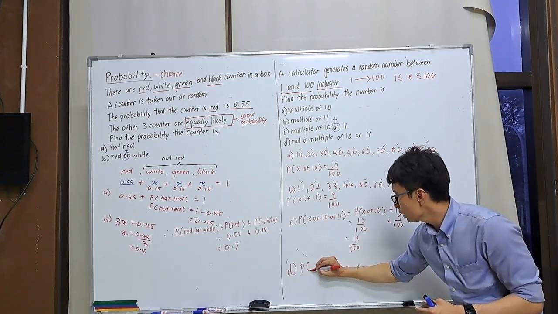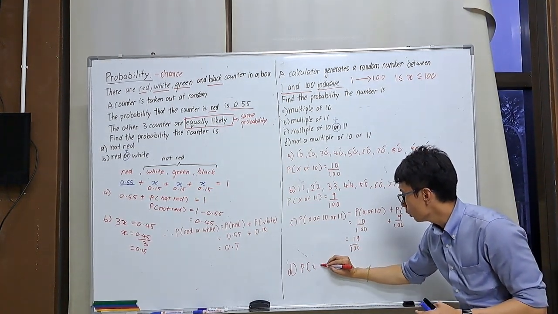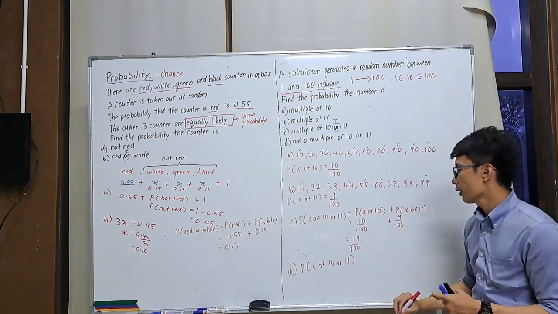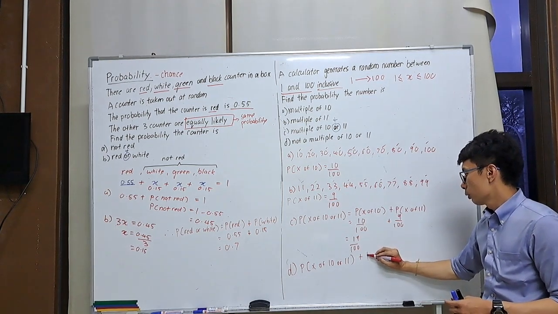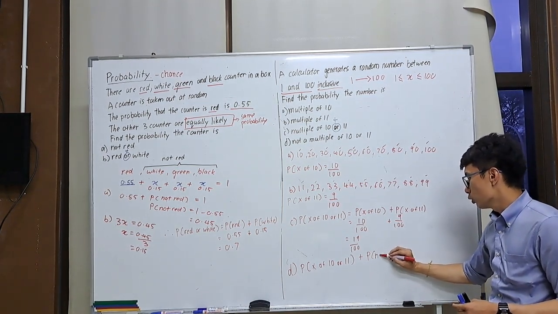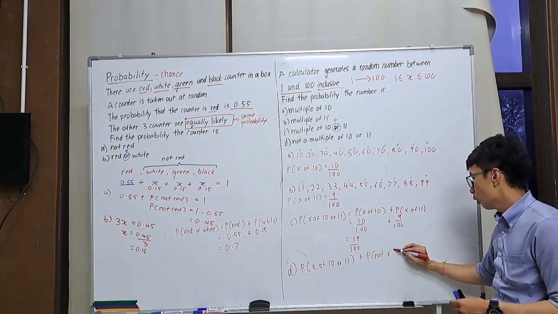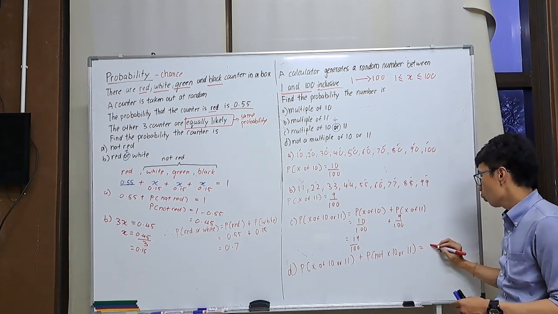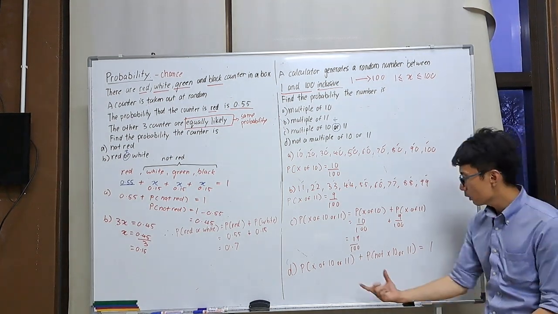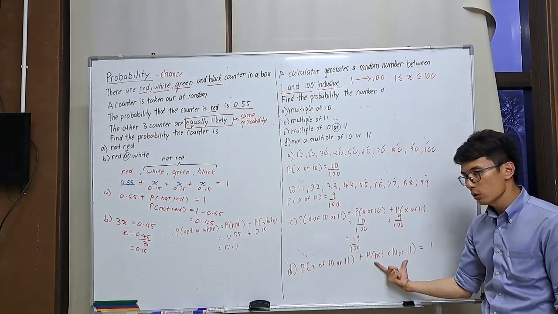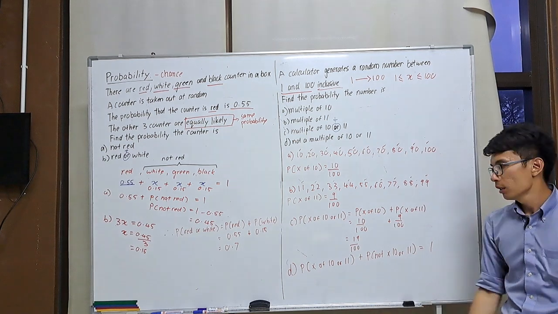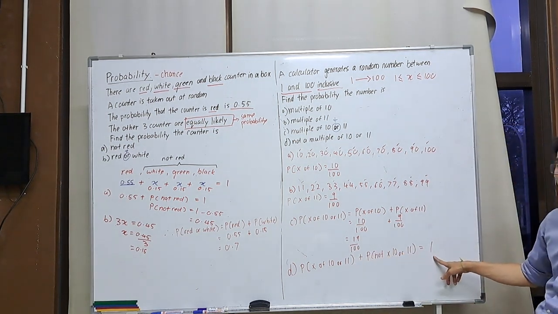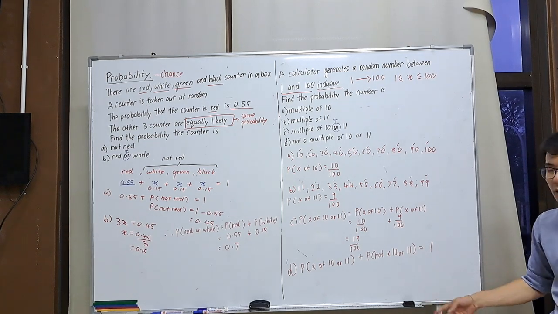The probability of a multiple of 10 or 11, plus the probability that it is not a multiple of 10 or 11, is going to equal 1, correct? Because if I include these two, I'm going to include all the numbers, correct or not? So the total of all the possible outcomes is going to be 1. That's the maximum probability over here.